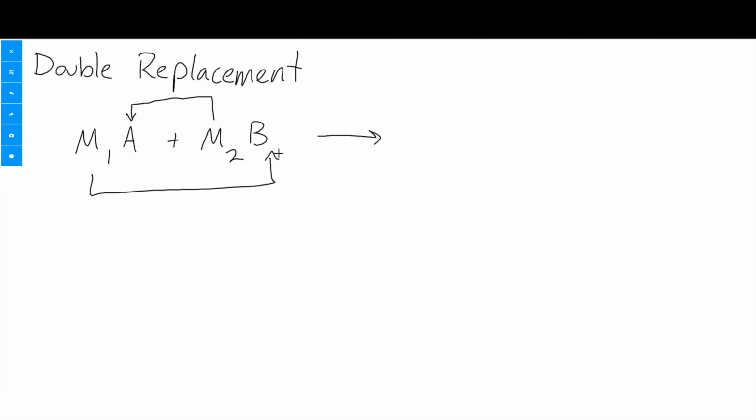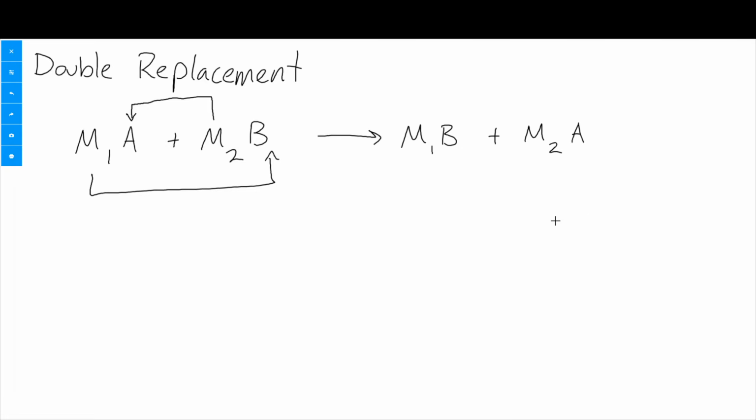You can think about this reaction as two single replacements, but it's useful to think about it in this way. Metal 1 pairs with B, so metal 1B, and metal 2 pairs with A.